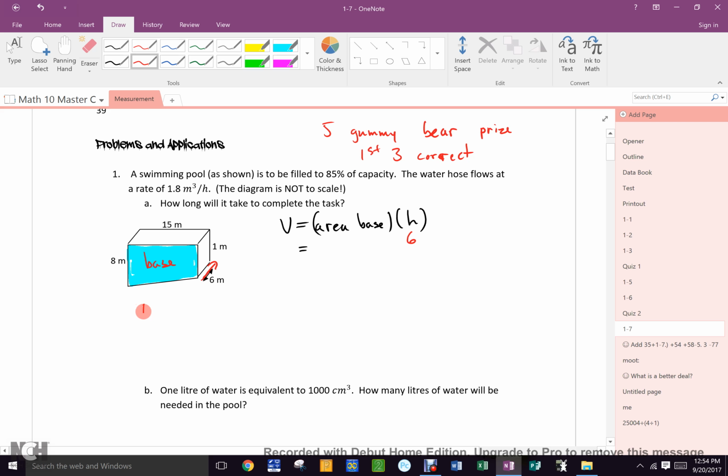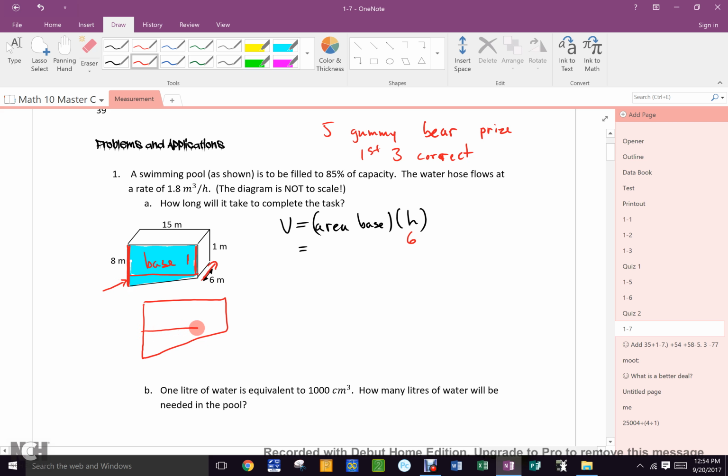That base is this shape, right? I drew it badly on purpose because you have to think. If this is 1 and this is 8, then how far is this part right here? 7.